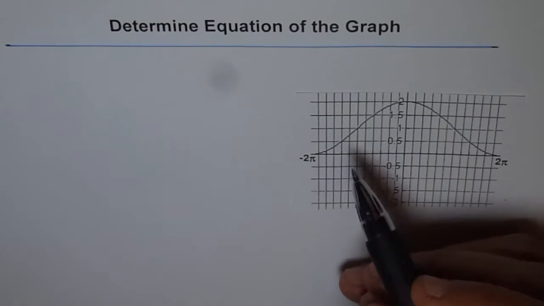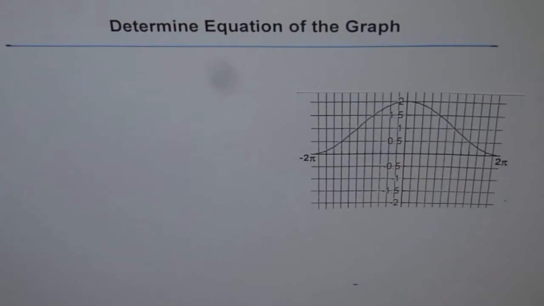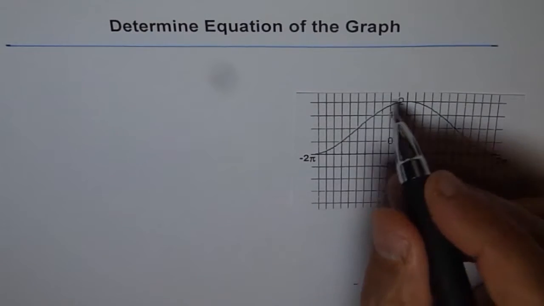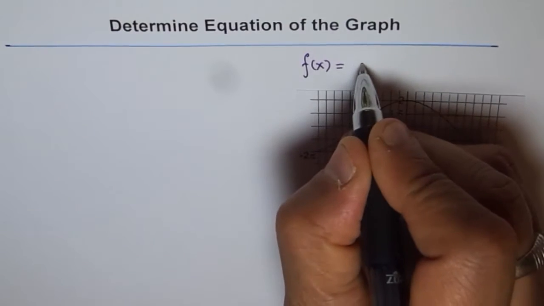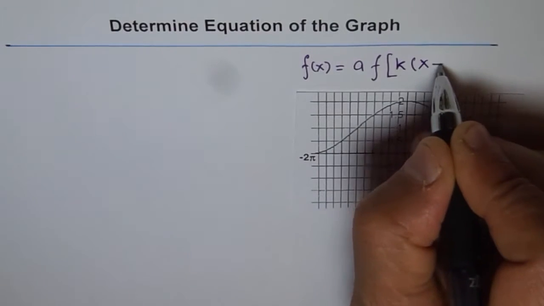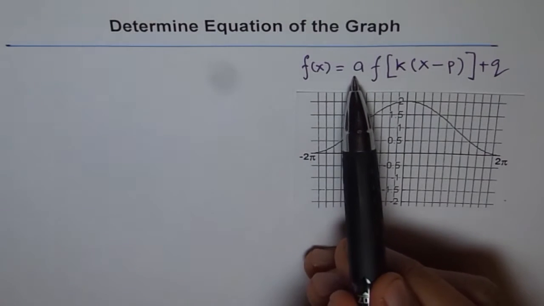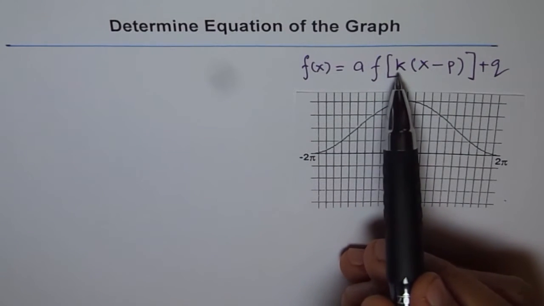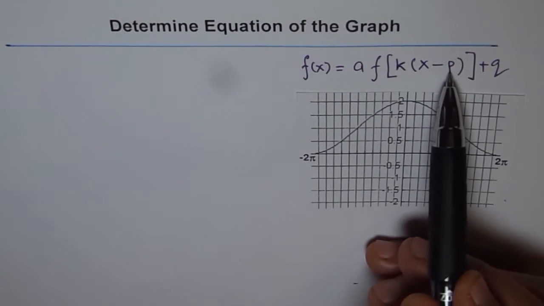Whenever we want to represent a graph as a sinusoidal function, it is good to start with the very basic and general equation. The most general equation which can incorporate such situations is f(x) = a f(kx − p) + q, where a is the amplitude, k is a horizontal stretch or compression, and it also tells us the number of waves in 0 to 2π, or in a period of 2π. p is the phase shift.